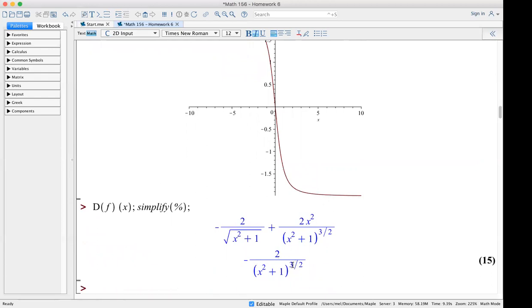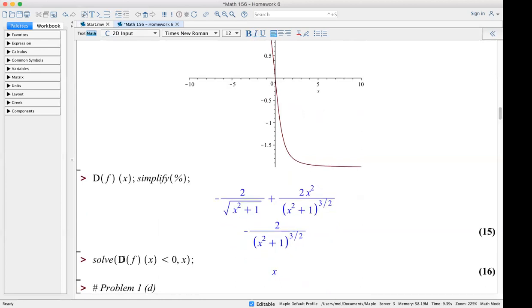Actually, you can tell just by looking, this denominator is always positive and this is negative, so this function is always decreasing. If we solve the inequality, derivative of f(x) less than 0 for x, this just means all x.